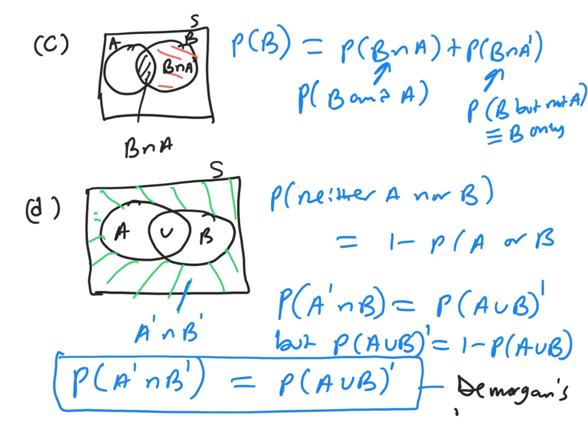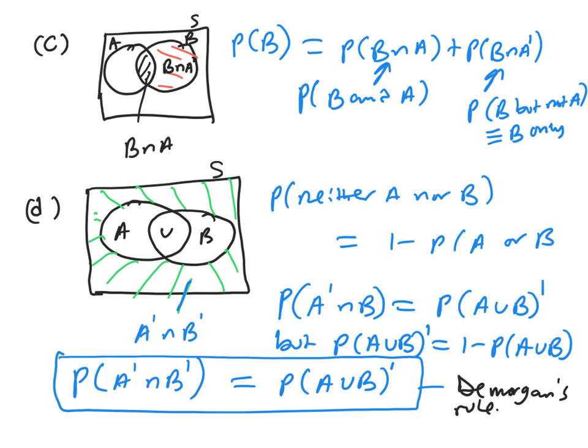It is very important. The outside of the intersection is the same thing as the outside of the union. Probability of neither A nor B, not in A and not in B, is the same thing as not in the union. So the same thing as 1 minus the probability of A union B.